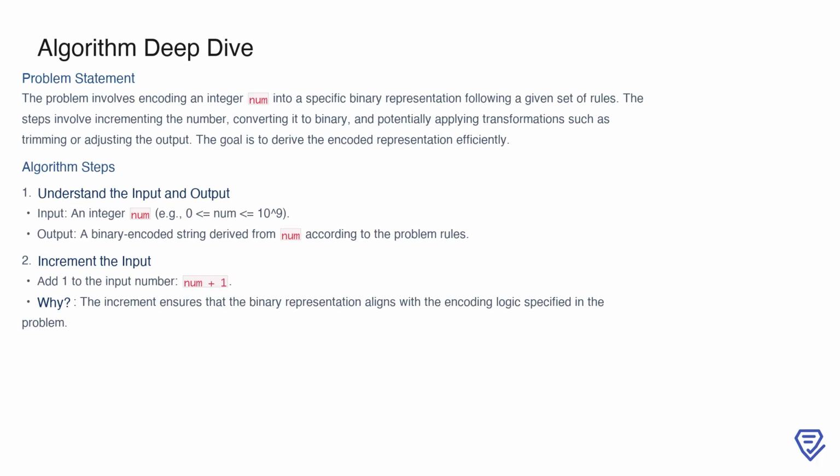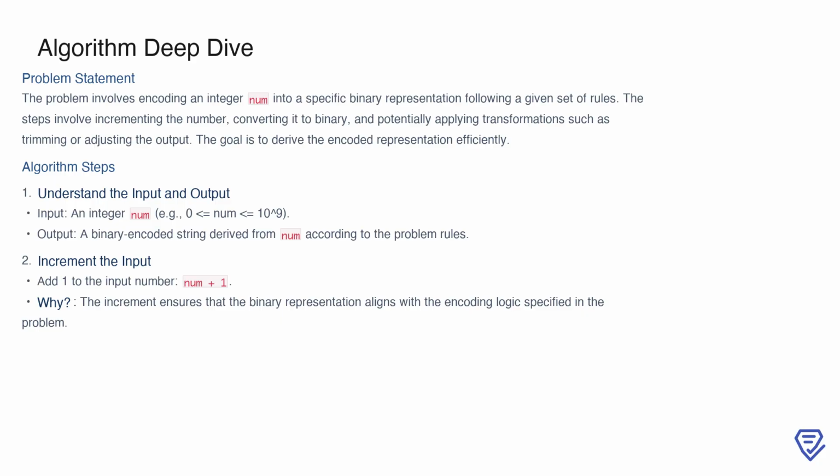In this problem, we are tasked with encoding an integer number into a binary string representation by following a specific set of rules. The process begins by incrementing the given number. This increment is crucial because it aligns the binary representation with the encoding logic outlined in the problem. For instance, if we start with the input number 5, the first step will be to calculate number plus 1, which equals 6.